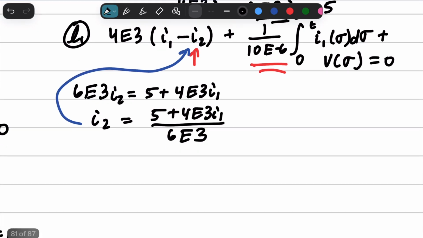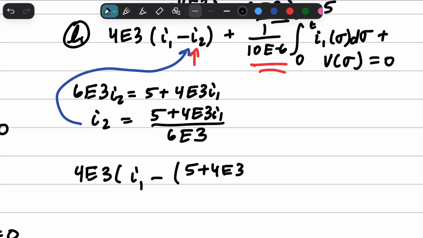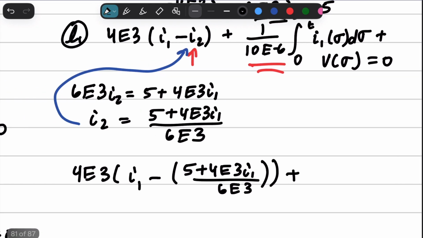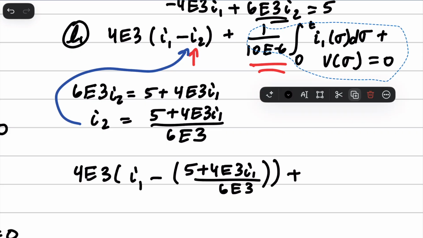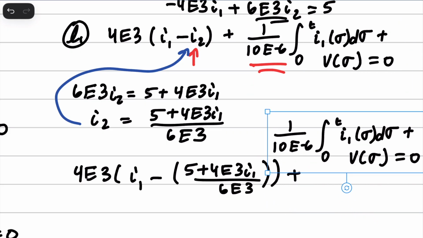And we will get 4e3 I1 minus 5 plus 4e3 I1 over 6e3, plus our little integral here, like so.